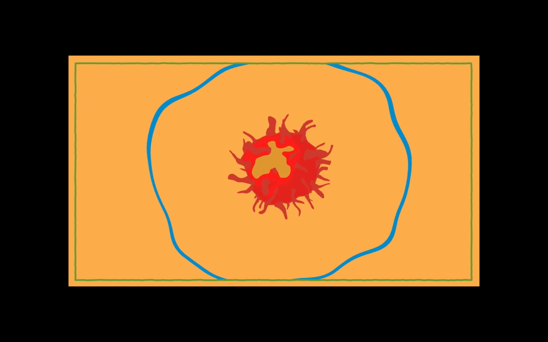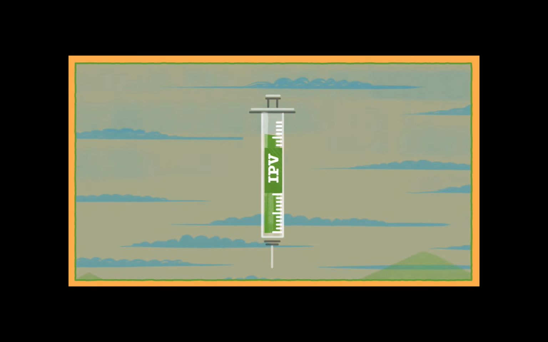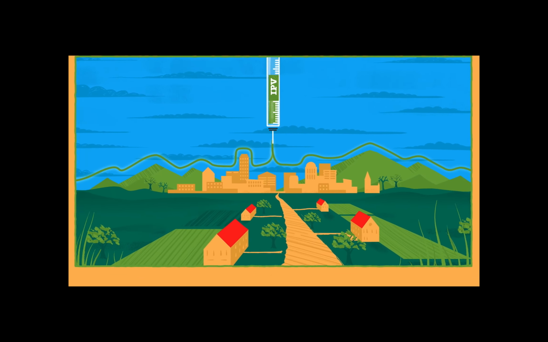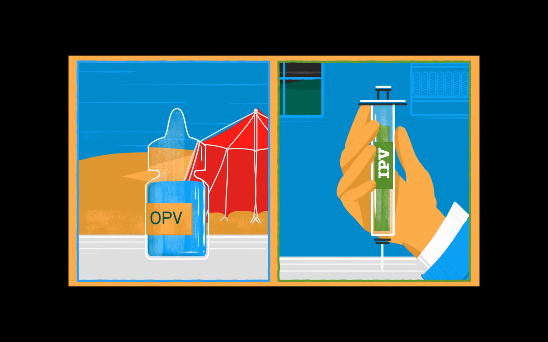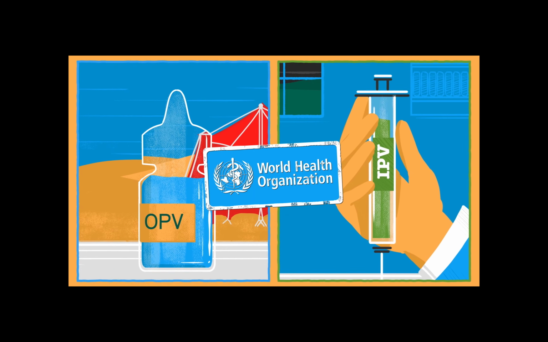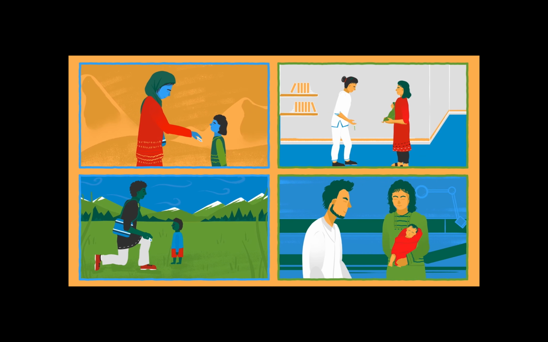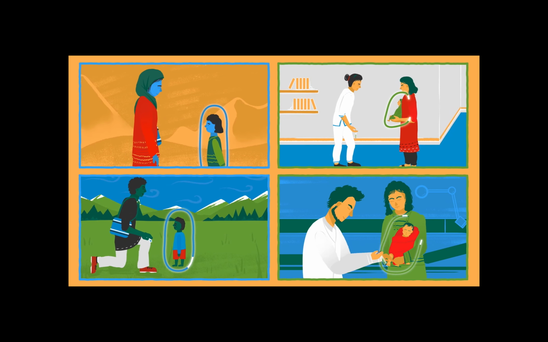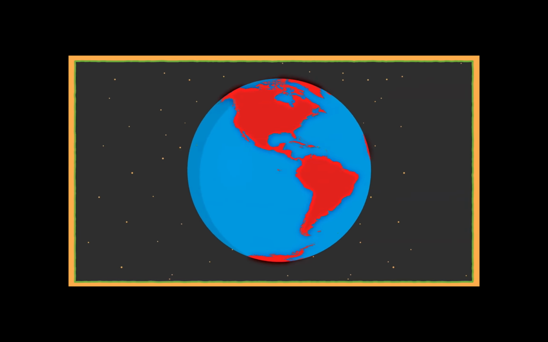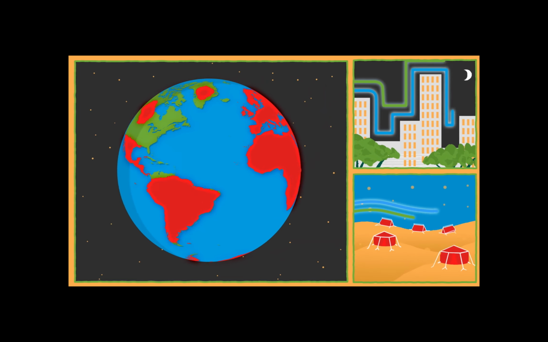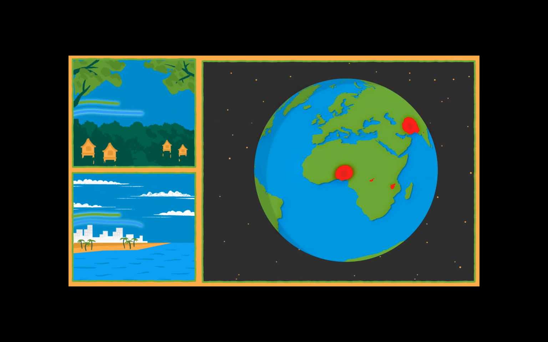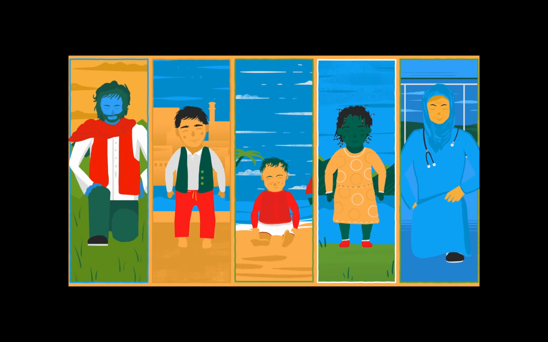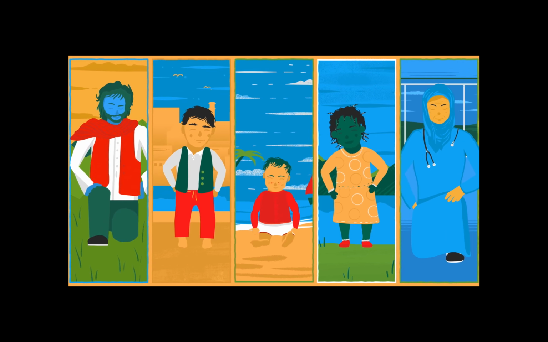Once polio has been stopped everywhere, the inactivated poliovirus vaccine will be used on its own to keep populations protected. Both of these vaccines have been approved as safe and effective by the World Health Organization. To do their job properly, they need to be given to all children, no matter where they live. Thanks to these vaccines, cases of polio have fallen by over 99% around the world. Let's vaccinate every last child. Let's end polio forever.